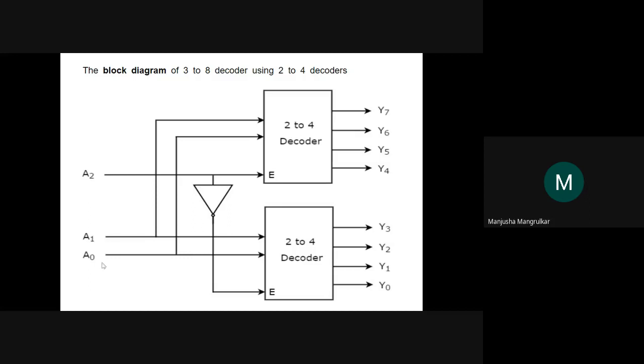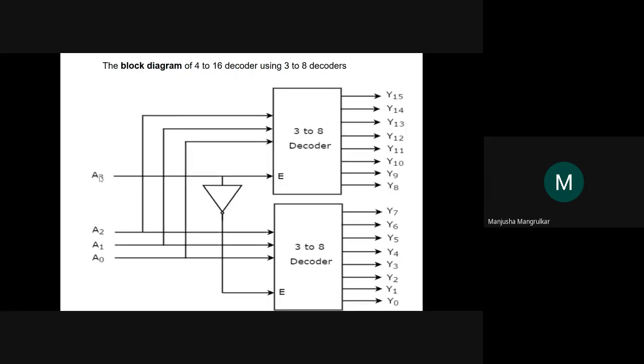So whatever A0, A1 are, that combination will use this decoder, and Y4, Y5, Y6, Y7 will be activated. Any one output will be activated among all outputs depending on the condition of A0, A1 and A2. Right?